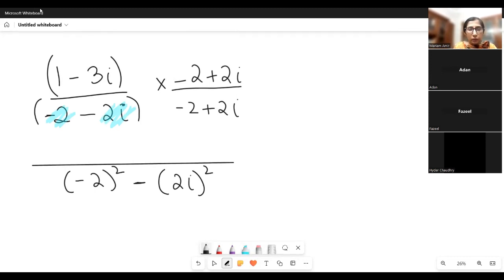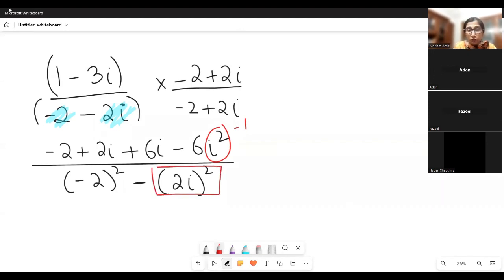And the numerator would be -2 plus 2 iota plus 6 iota and then minus 6 iota square. I know iota square is -1. And even here, this would be -4 because 2 square is 4 and iota square is -1. So this would be -4.